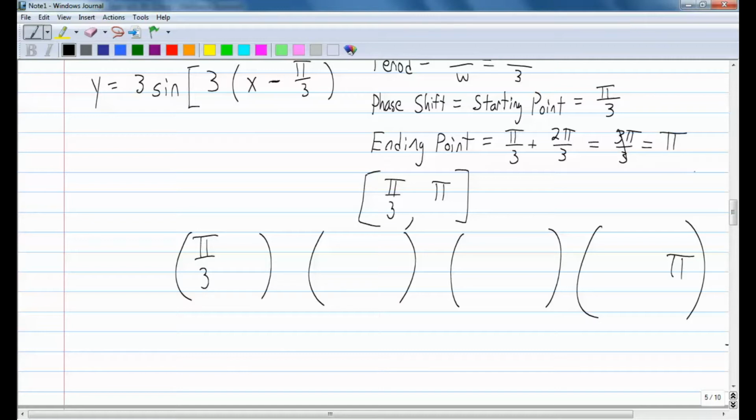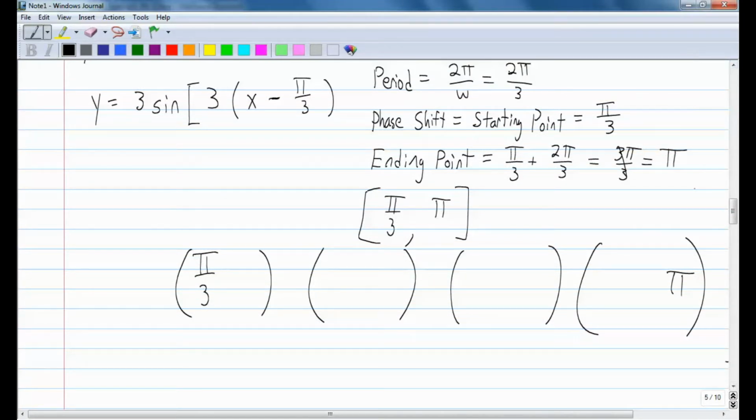Now the way that we figure out all these other numbers in here is we take the period, look at the period, 2 pi over 3, and since we have 4 subintervals, we take the period and divide by 4. Remember, that is the same thing as multiplying by 1/4. Dividing by 4, multiplying by 1/4 gives you the same thing.